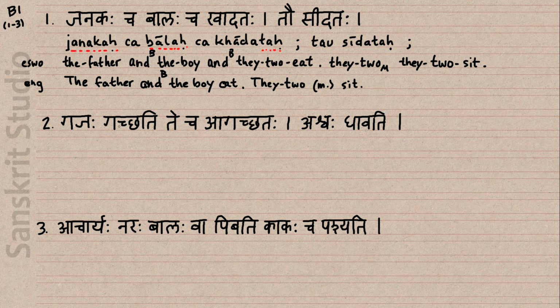But of course, if we didn't have that sort of rule or requirement on the English line, then we could have just skipped the B, and we can skip the M, and we could skip so many things. We can even maybe skip the they two here.